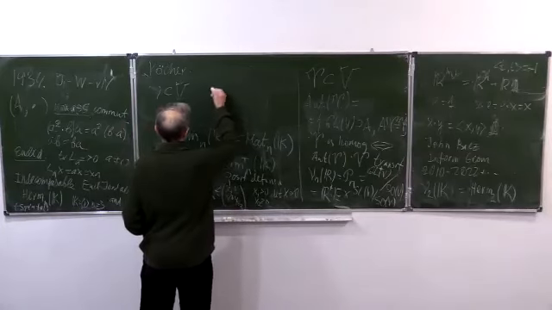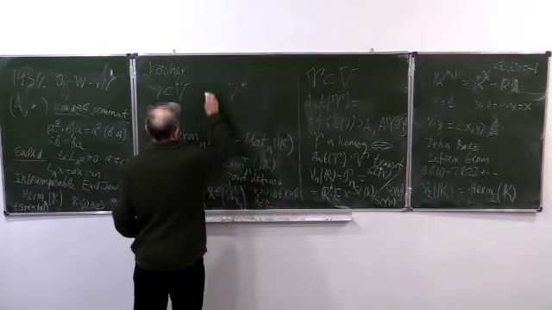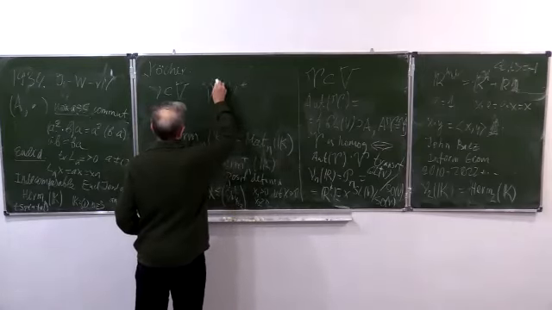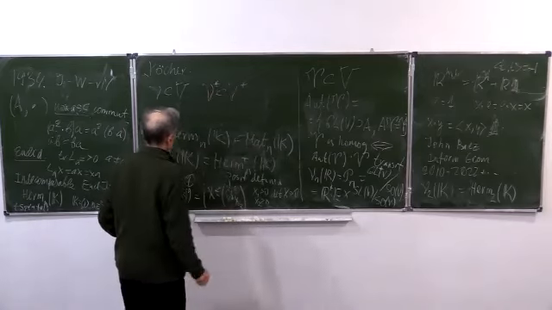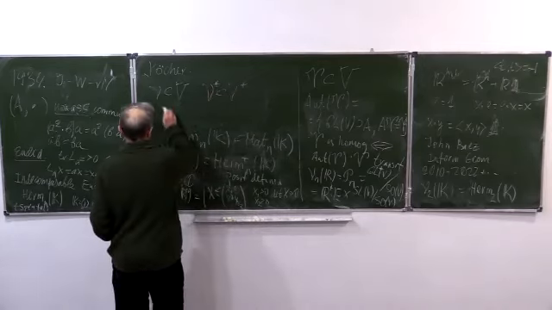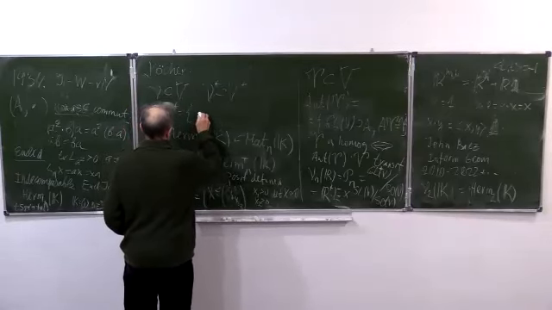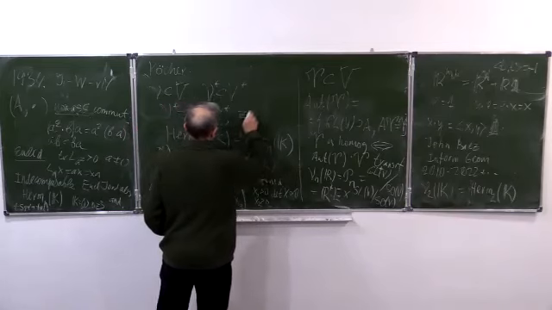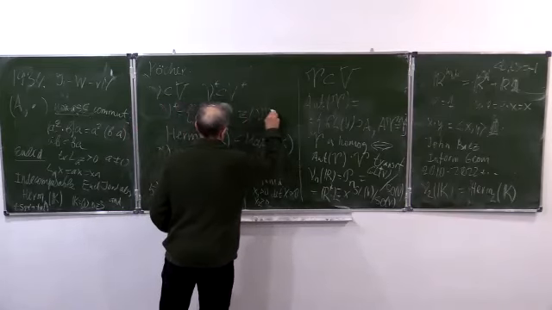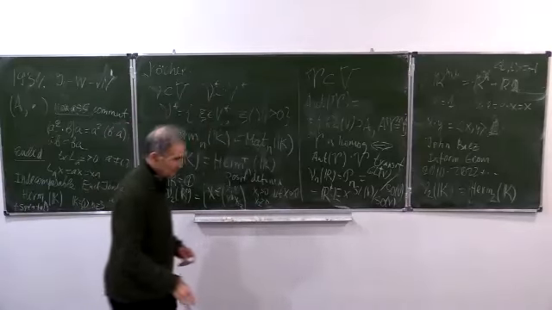Then we can consider the dual space V star. In V star we can also define a cone, which is defined as follows. It consists of all one-forms psi which are positive on V. So this is the dual cone.